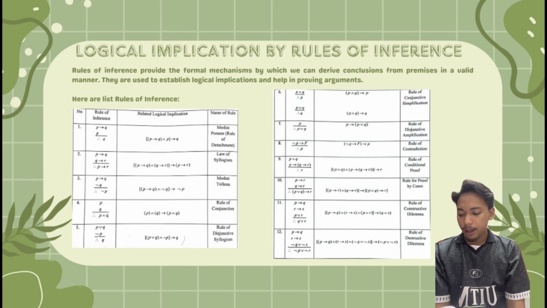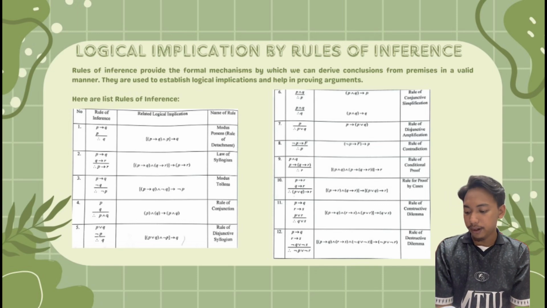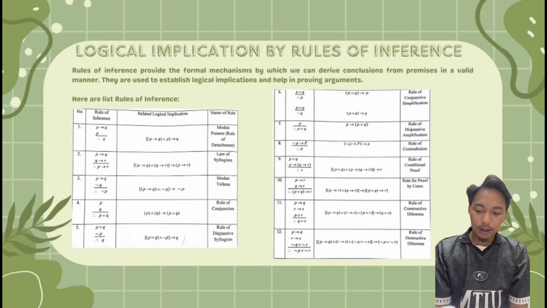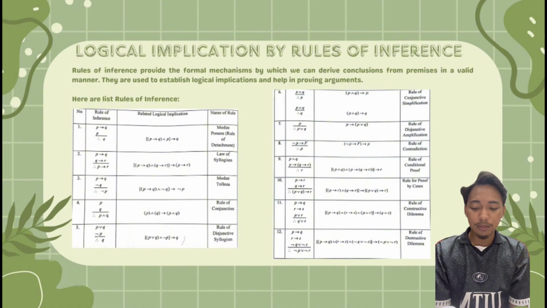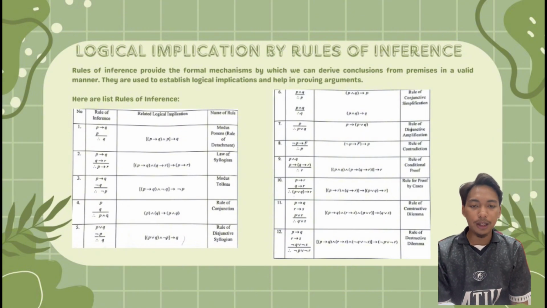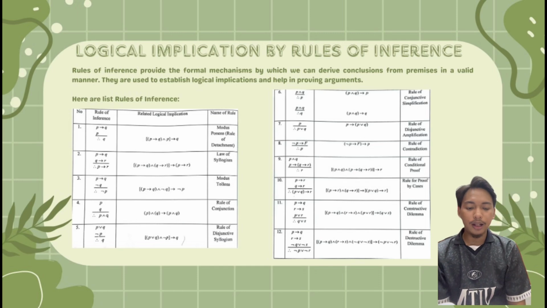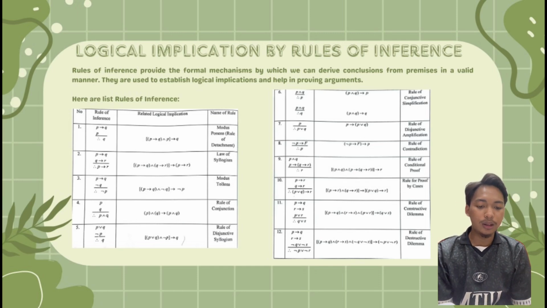After that, P or Q and not P, we can simplify as Q, and the rule is rule of disjunctive syllogism.